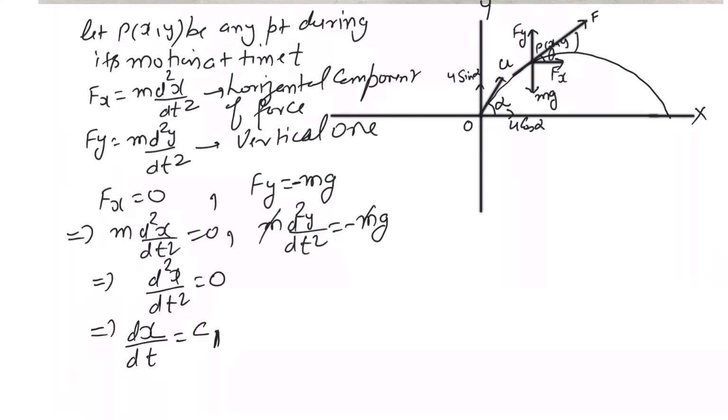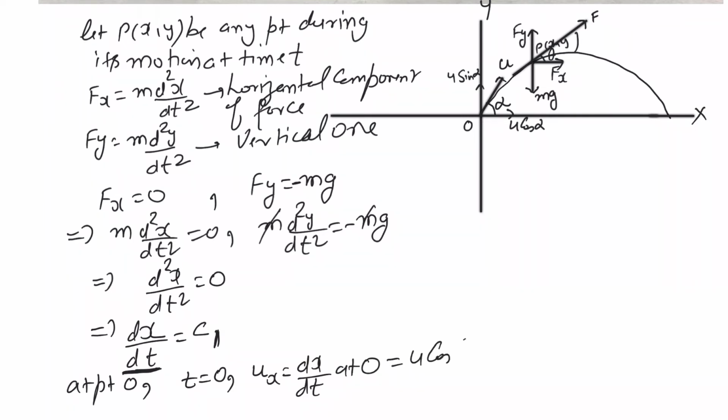Using the condition at point O, the horizontal part of the velocity dx/dt at O, where t is 0, is u_x, which is u cos alpha.